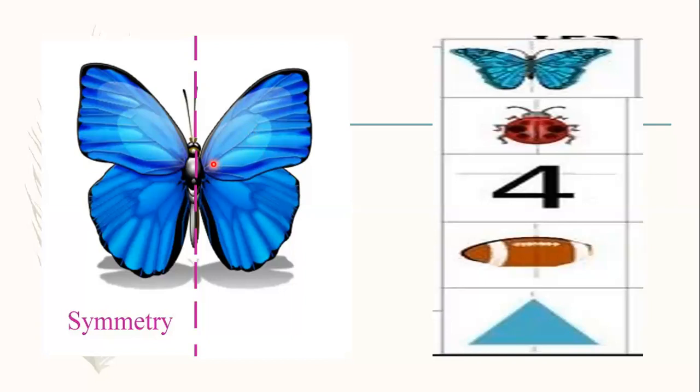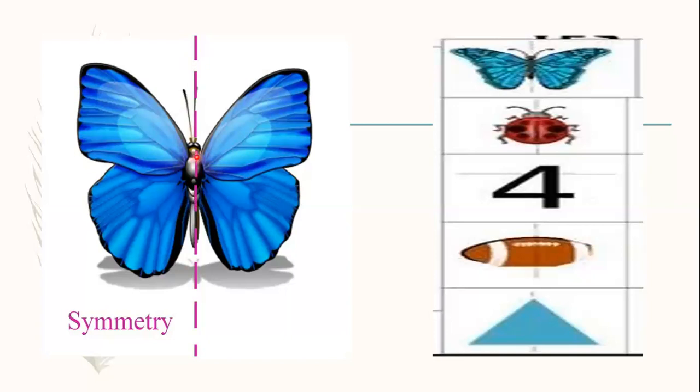So I have told 3 methods for checking whether the given figure is symmetrical or not. First, we divide it through an imaginary line. It may be a vertical line or a horizontal line. This butterfly cannot be divided into two exact halves through the horizontal line, but vertically we can divide it into two exact halves.